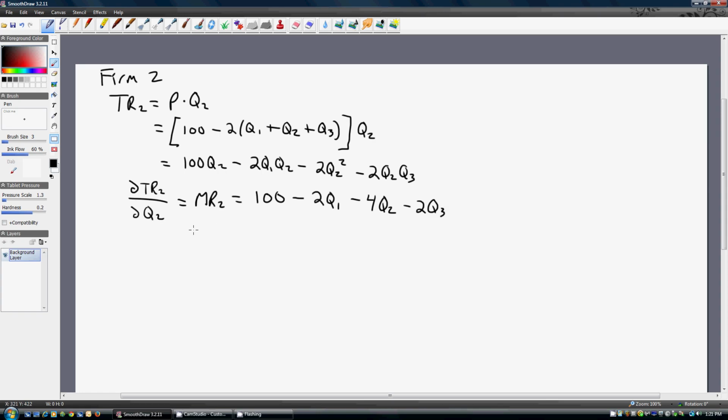Next, let's set firm 2's marginal revenue equal to its marginal cost. Its marginal cost is $20 like all the other firms. Now we're going to solve this for firm 2's output.